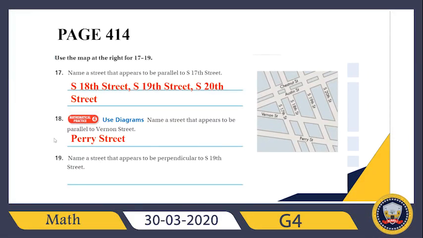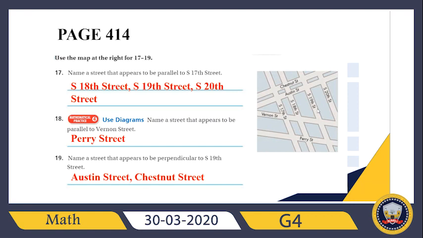What about question 19? It says, name a street that appears to be perpendicular to S 19th Street. Let's check 19. There are 2 streets which are perpendicular to S 19th Street. What are they? Austin Street and Chestnut Street. They are perpendicular to S 19th Street.